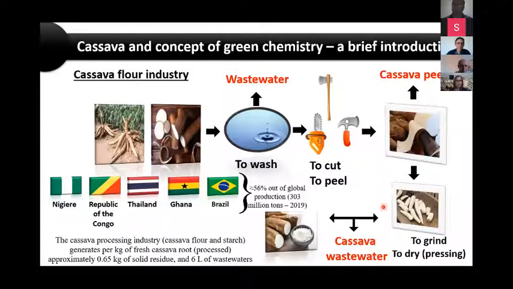After that, you can cut and dry this biomass and press it. When you're pressing that, you want to dry this biomass. But when you do that, you release what is known as cassava wastewater, which is a really rich residue.